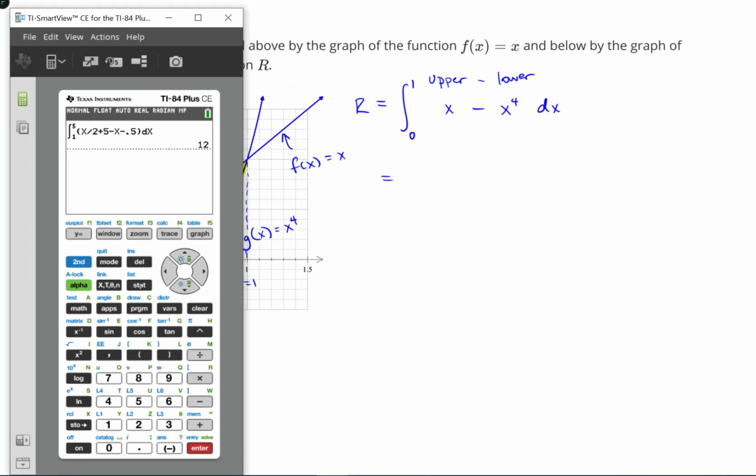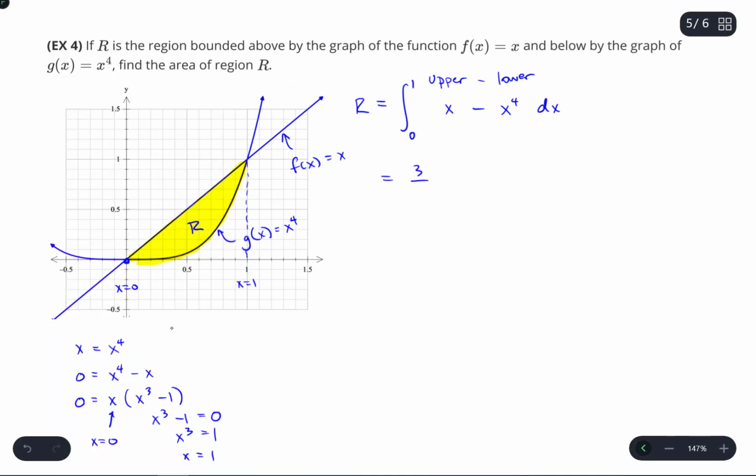This one's probably arguable as to which will take more time, but I'll go ahead and use this just because. All right, so I'm integrating from 0 up to 1 of x minus x to the fourth dx. So I get 0.3, which would be the same thing as 3/10. And that's the total area of that region R.